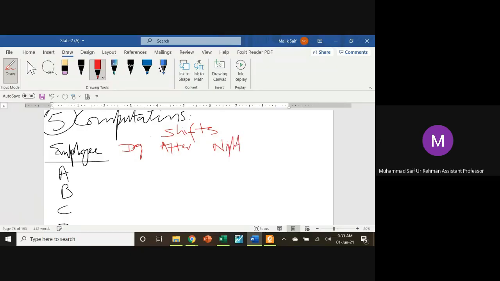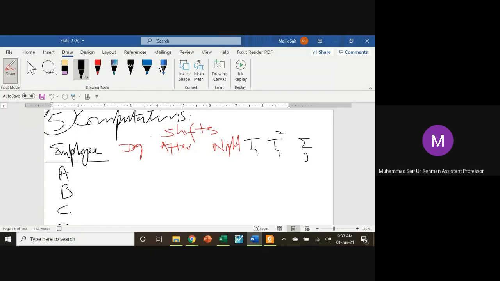Then here you have to write Ti dot, Ti dot square, and then summation of Xij square. Here you write J because you will add columns.